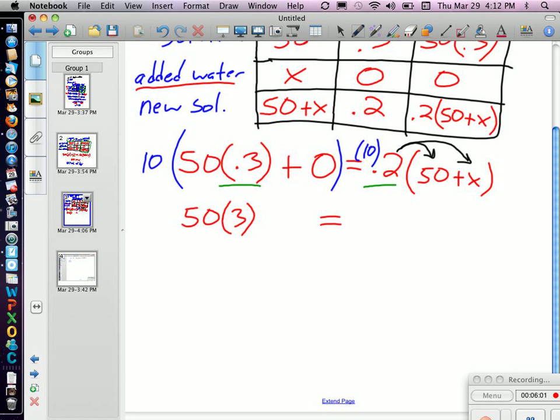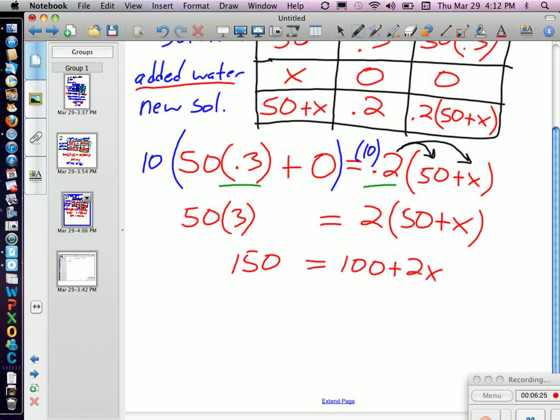So if we just multiply the 10 by the 0.2 and get 2, then it's going to, in the next step, affect that 50 plus x anyway. So you don't want to do it in this step and then again in the next step, because then you've done it twice. So now we have 150 equaling 100 plus 2x.